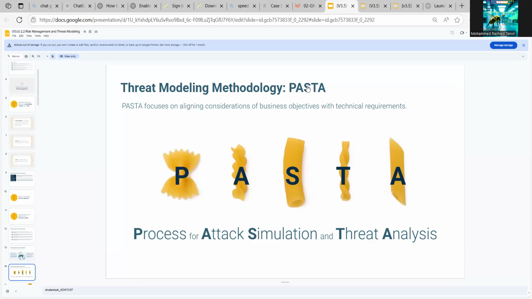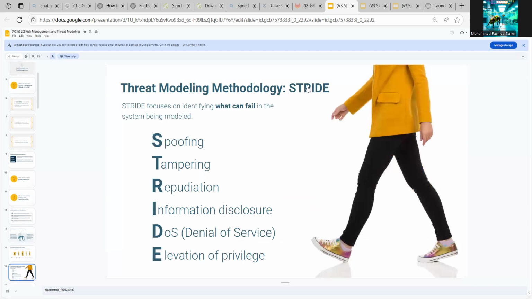And then STRIDE: spoofing, tampering, repudiation, information disclosure, DoS (denial of service), elevation of privilege. So this is STRIDE. This is very important for threat modeling. In an interview, they ask you what type of threat modeling you know.